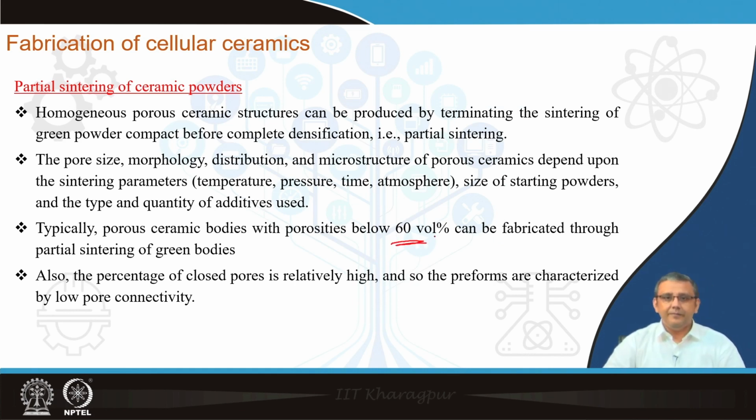We can get up to around 60 volume percent porosity in this case, or in that range, and there are many pores which are closed pores. The process parameters used for partial sintering depend upon the initial material selected, and parameters like temperature, pressure, atmosphere and the holding time at high temperature play a big role in defining the final porosity in these bodies.